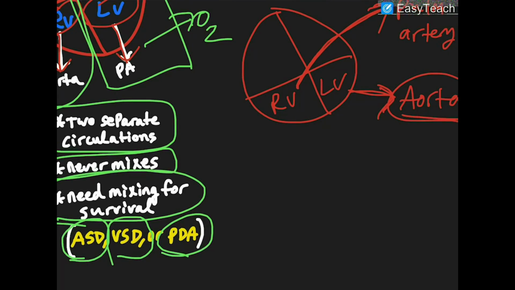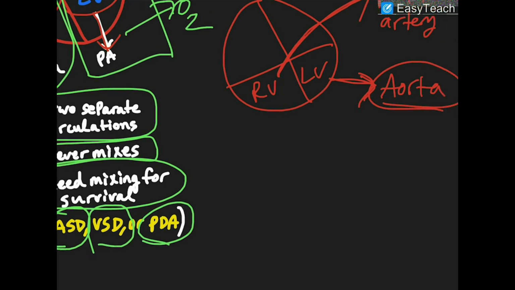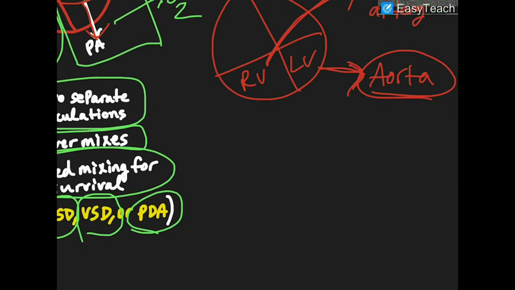Like we were saying, we need an ASD, VSD, or PDA, some sort of connection between the left side and the right side, between the oxygenated circuit and the deoxygenated circuit. The ASD is the first option we talked about. But how will an ASD help?